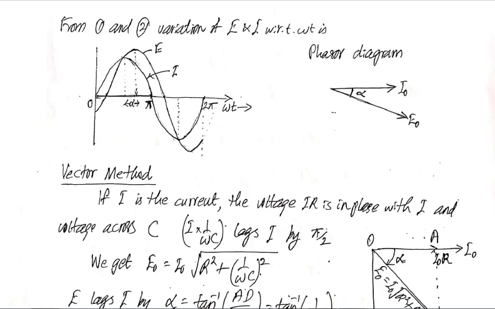So this is the variation of E and I with respect to omega t. And in phasor diagram, if I0, the current, is represented horizontally, then E0, the voltage, is to be represented lagging by a phase of alpha. So it is measured in the clockwise direction. So here E0 is lagging I0 by a phase of alpha.